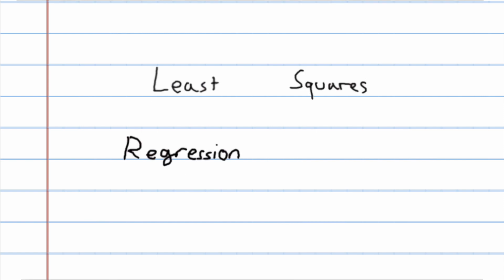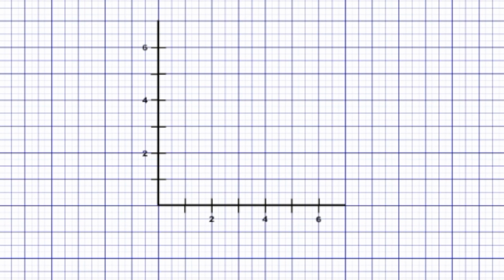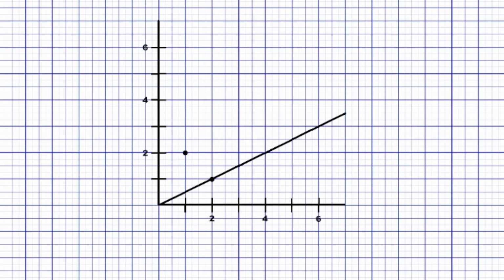One way to find the best model is to find the least squares regression line. For an example, say we are dealing with the simple data set on this scatter plot. For the equation b equals 0.5 times a, the sum of the squared distances between the observed and predicted values is 2.25.